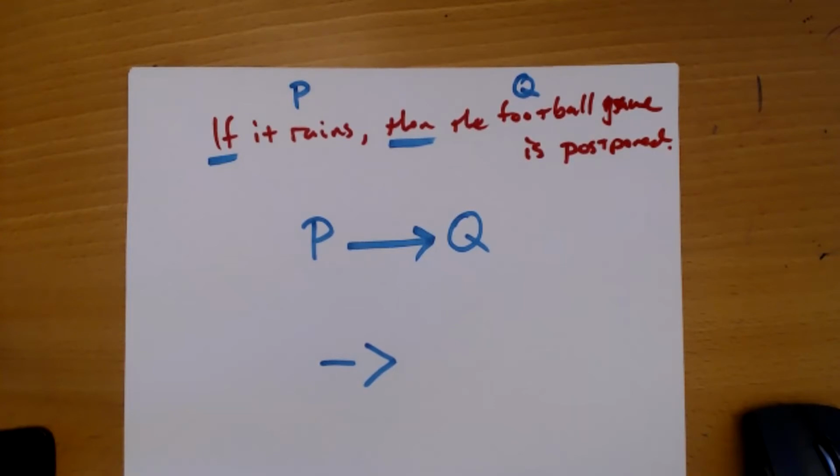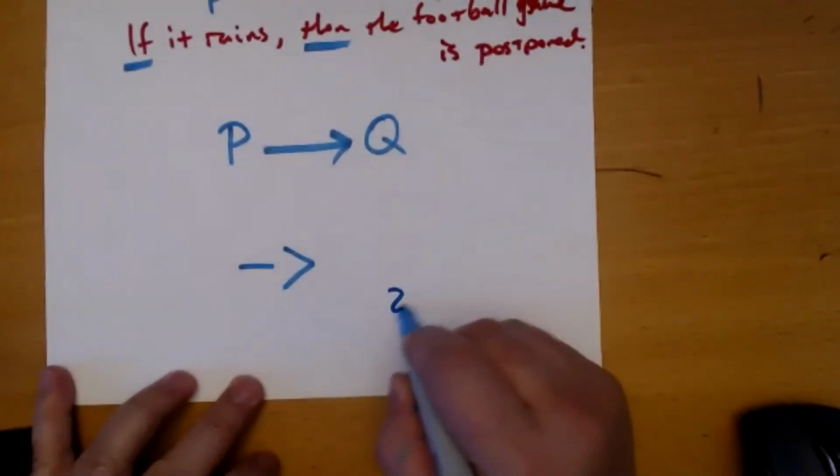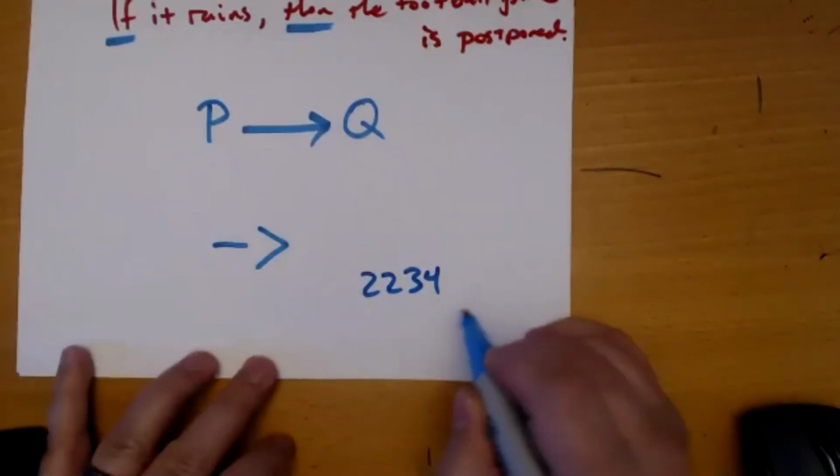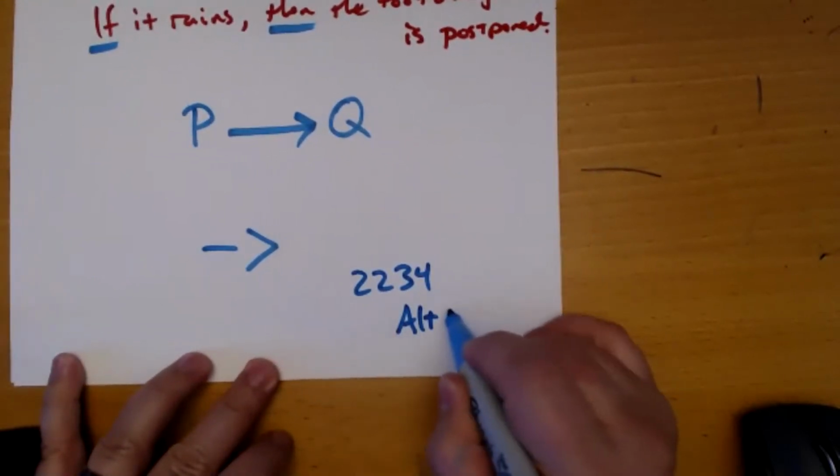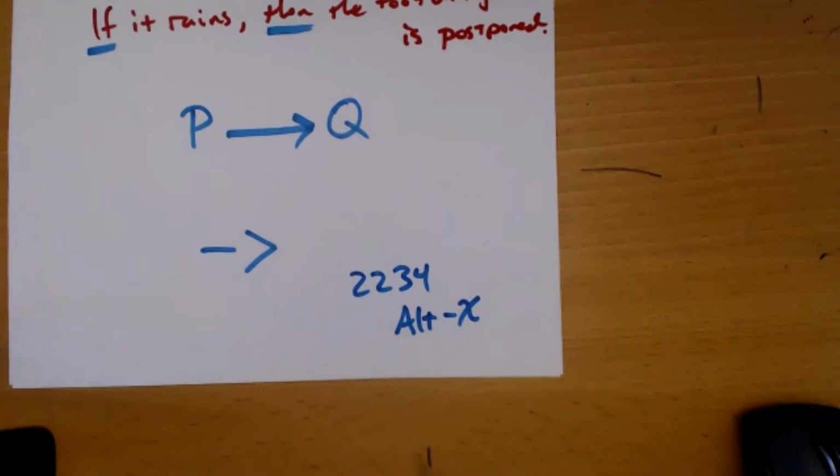Yeah, and how do we do the 3 dots? You said 2, 2, 3, 4, something like that. 2, 2, 3, 4. The 3 dots that says therefore, the final logic. Oh, yeah. That's 2, 2, 3, 4, and then you hit Alt and the X key at the same time.